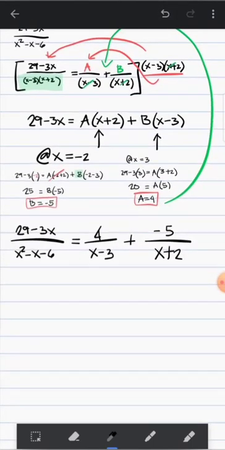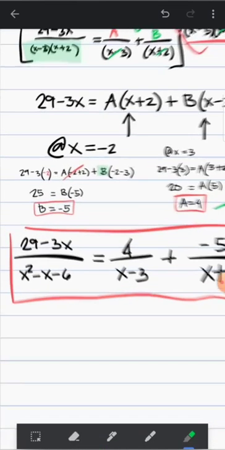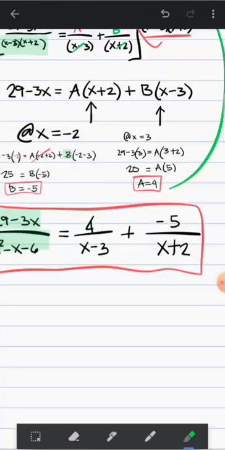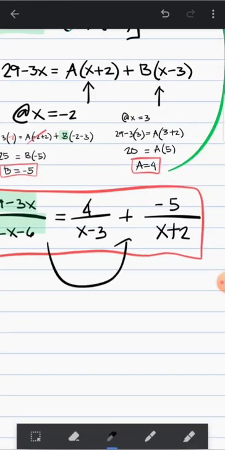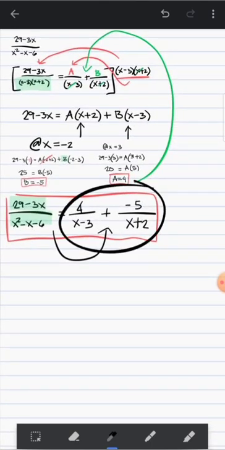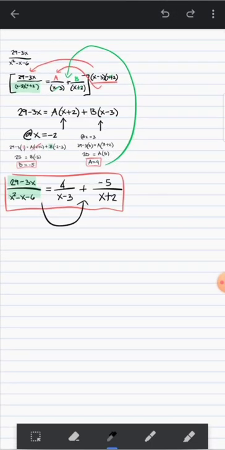So that's it, my friend. We've got this term broken down, or decomposed, into its partial fractions, these two terms. Alright, that's example number 1.